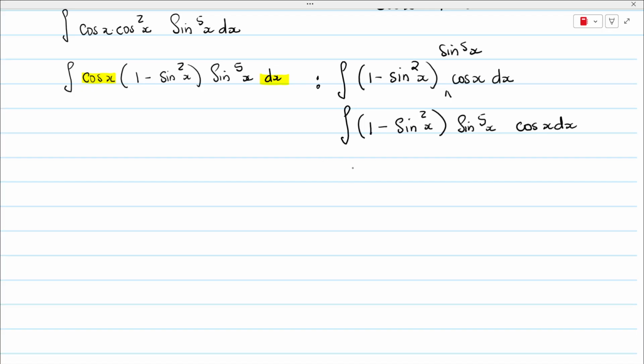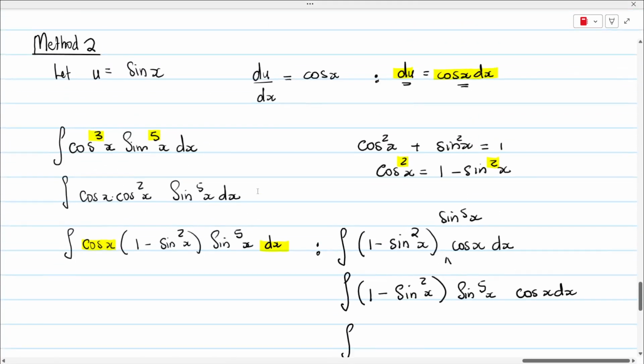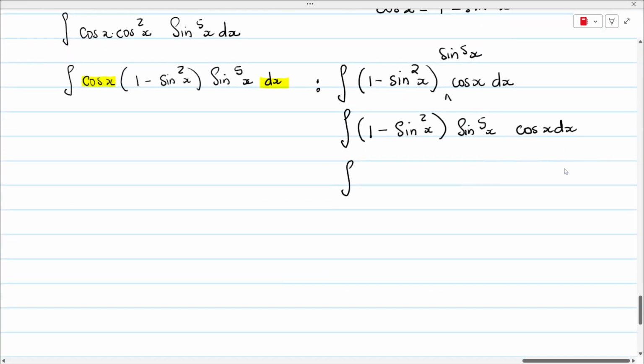Now you can see that I have my x values, but I want to express everything as u so that I can apply u substitution. Since I already know that du is equal to cos x dx, and in this equation I also have a cos x dx, I can make my cos x dx equal to du and then use u substitution. So this becomes 1 minus, because I let u be equal to sine x, this then becomes u.